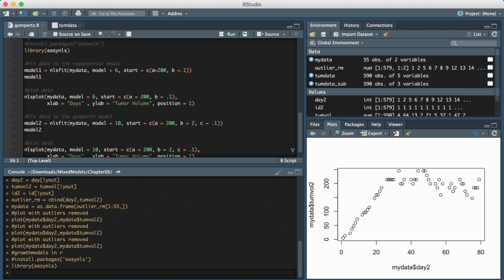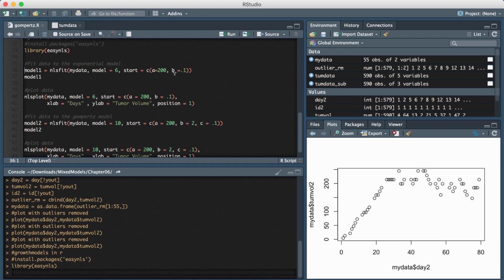Also in this video, I wanted to fit the model first as an exponential model, just because in the paper it said that people used to think that tumor cell growth was exponential up to a certain asymptote when the cell ran out of nutrients. So I wanted to first fit it using the exponential model just to show that it's not a good fit for the data.